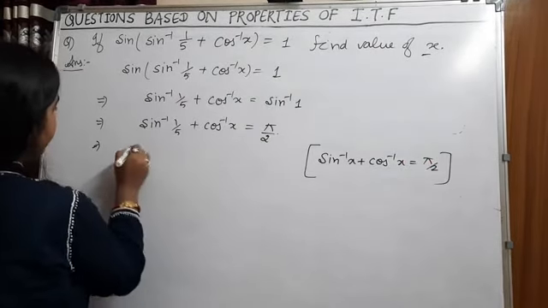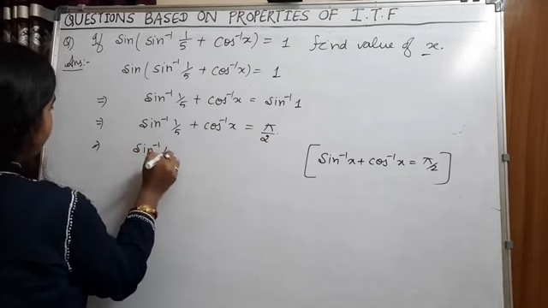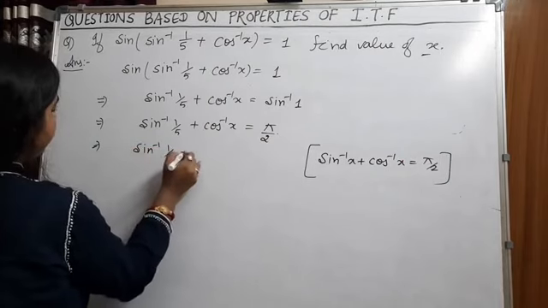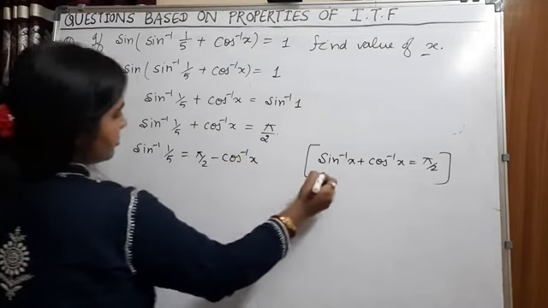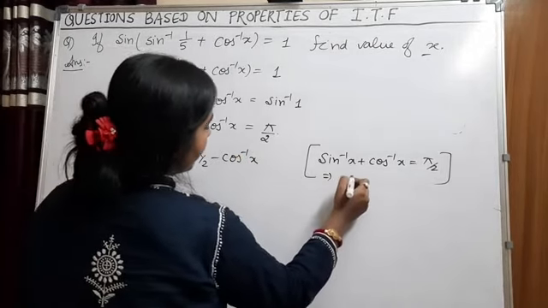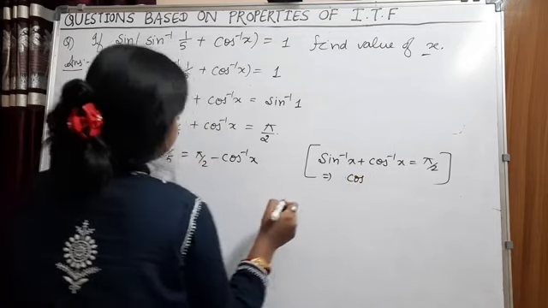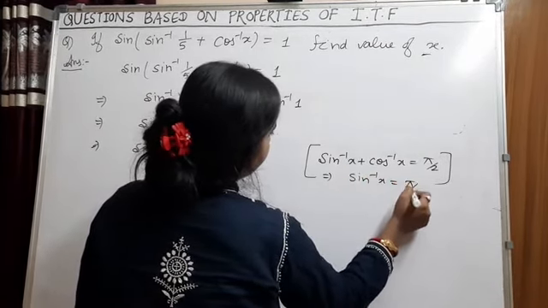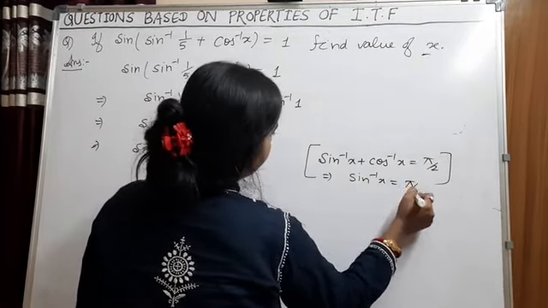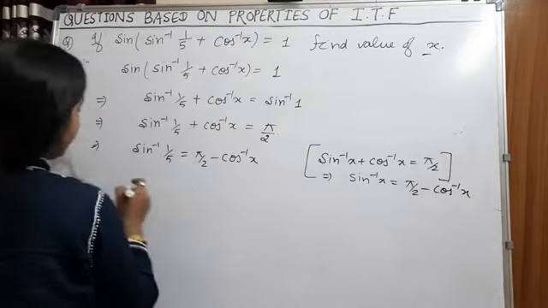Means we can take it as sin inverse 1 by 5 is equal to pi by 2 minus cos inverse x. So from here we can take it as sin inverse x is equal to pi by 2 minus cos inverse x.